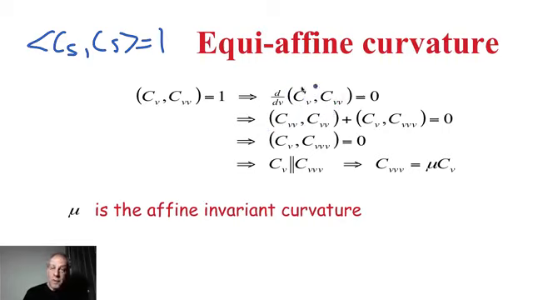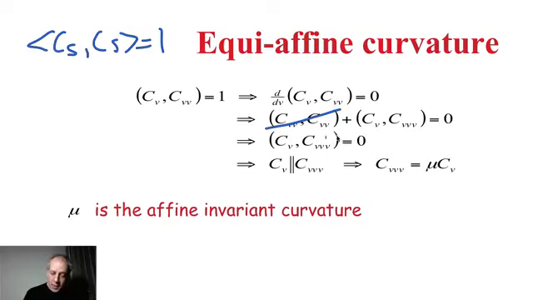The derivative of the determinant of these two vectors, CV and CVV, is the determinant of the derivative of the first, and we keep the second, plus the derivative of the second, and we keep the first. Now, if we have a determinant with two identical columns, that's 0. So this basically is 0. That's a very basic property of linear algebra.